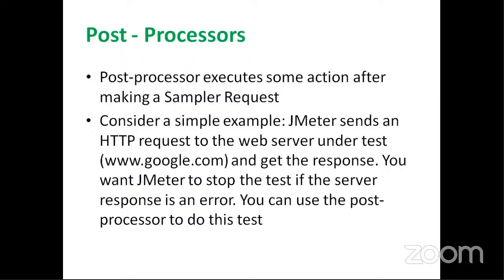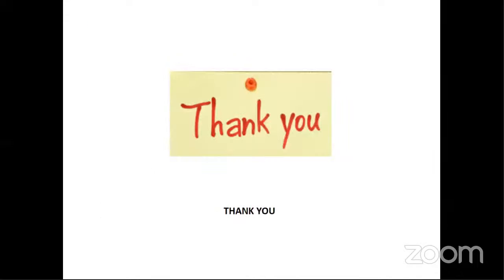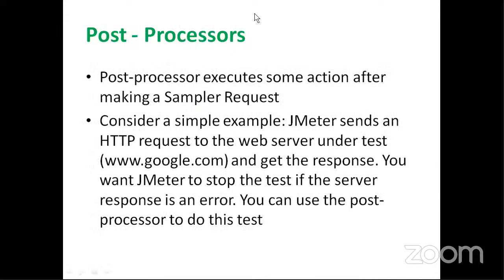And post-processor is nothing but it will execute some action after making a sampler request. Your sampler runs, after that you will get a response, and from that your post-processor will take an action. So this was about the pre and post processors. So without much delay, I'll just show you a small demo about the application.